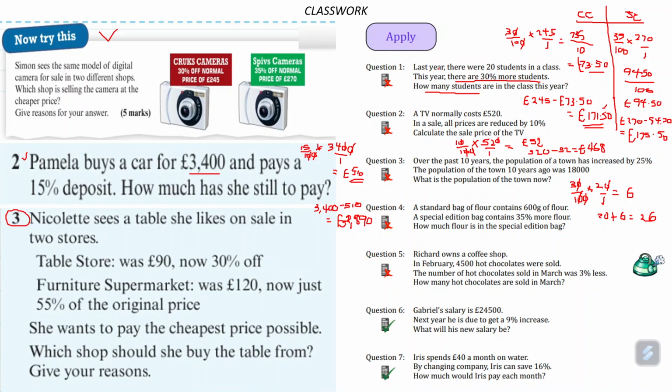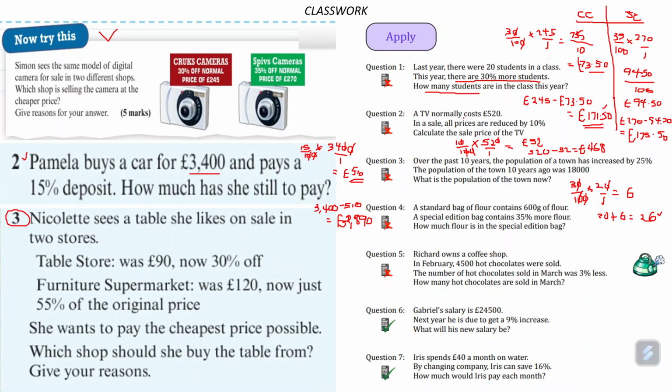Then we went as far as looking at this question. This question says, as of last year, there were 20 students, but this year we have 30% more students. So what we did was to find 30% of 20 students, which is 6. You add it to the original number of students available last year, which is 20. So this year you get 26.